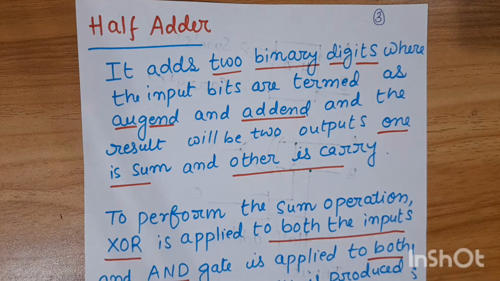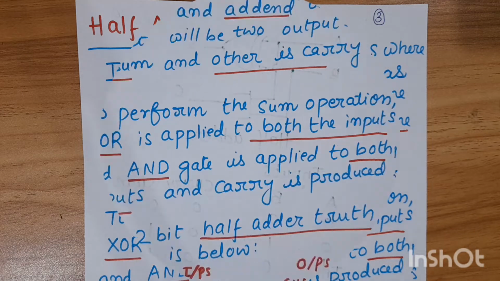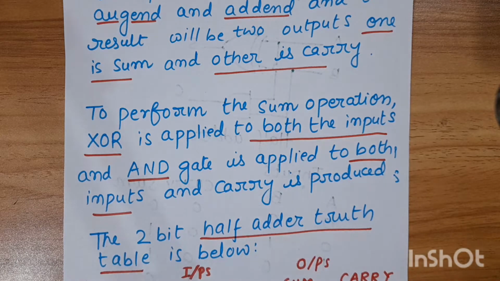And what can the bit value be? 0 or 1. To perform the sum operation, XOR is applied to both the inputs. Now we will see how the XOR gate is used to evaluate the sum operation. An AND gate is applied to both the inputs and the carry is produced. So for the half adder, we have the AND gate to get the carry value and the XOR to get the sum value.